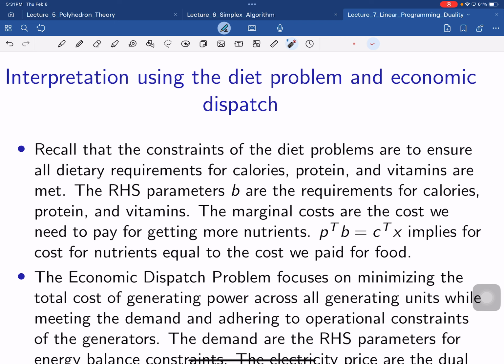And then you can interpret the dual objective as the total cost you spend on satisfying the requirement for the three nutrients. And then the primal equals the dual. It sort of makes sense. And in that problem, you can interpret the dual as the price you paid for getting different types of nutrients.